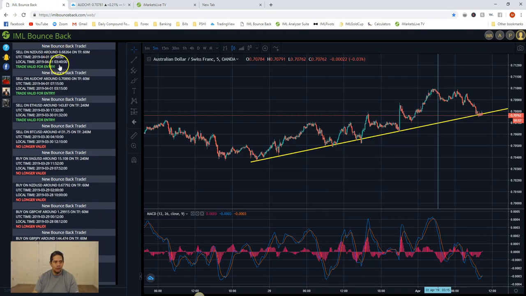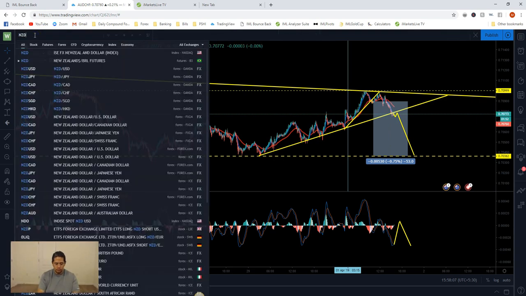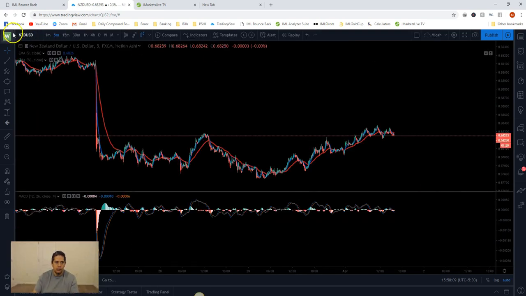Now, NzdUsd at 340, 1 hour time frame. NzdUsd.